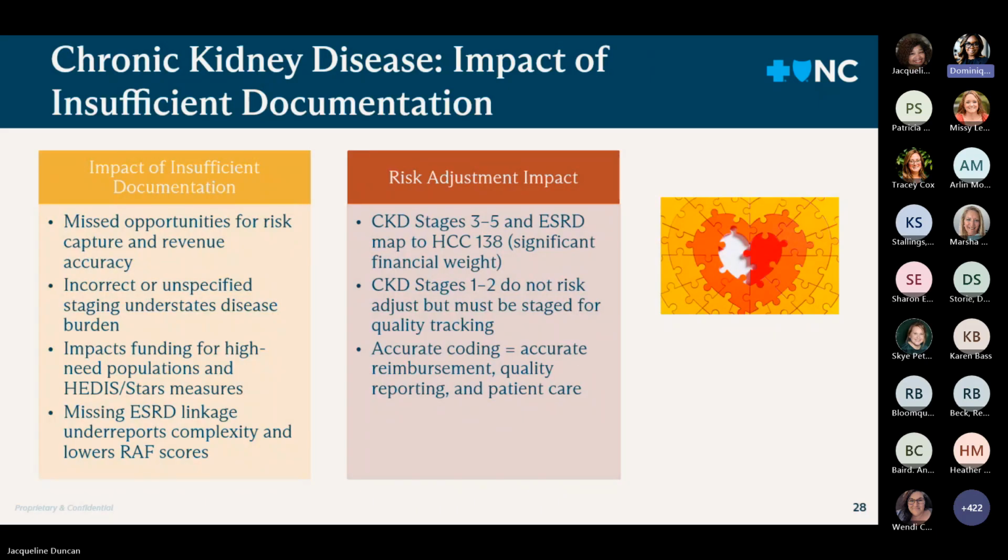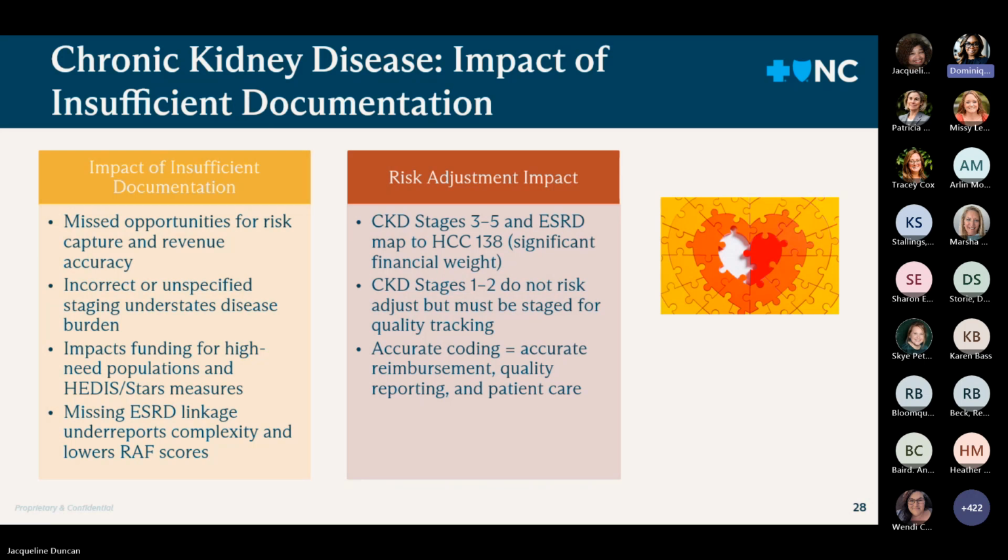CKD is a progressive condition that requires precise documentation for both clinical and financial accuracy. When documentation is insufficient, it leads to missed opportunities for risk capture and revenue accuracy, which can significantly impact organizational performance. Incorrect or unspecified staging understates the true disease burden, making patients appear less complex than they are.